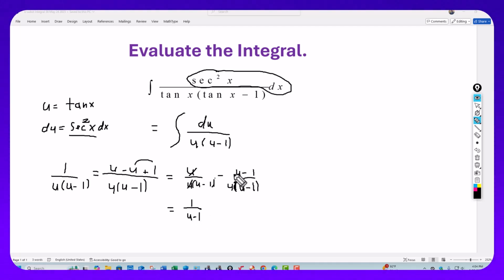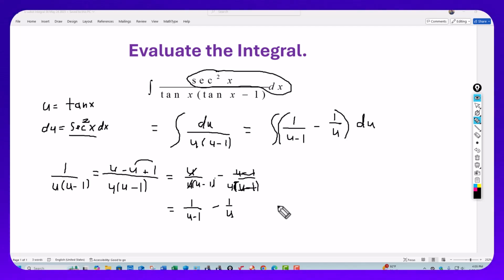And for this one over here, the u minus 1 cancels, and I get minus 1 over u. So we can write this integral as 1 over u minus 1, minus 1 over u.